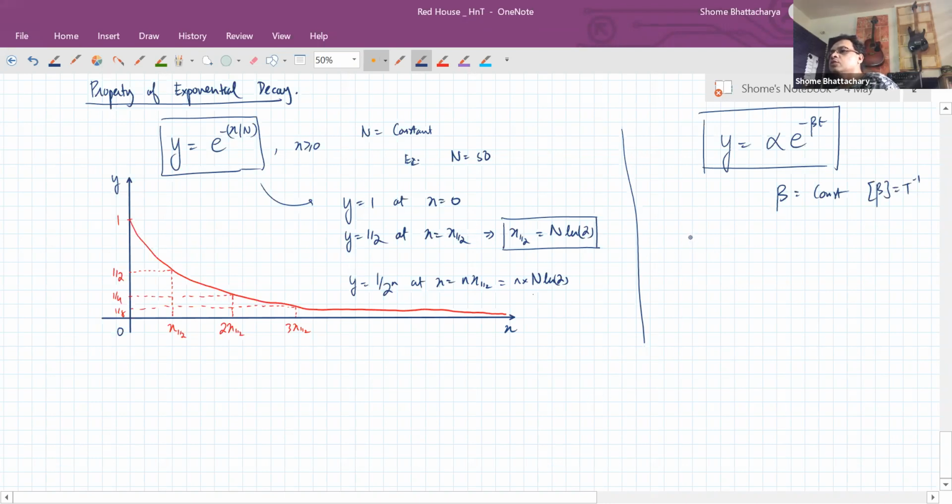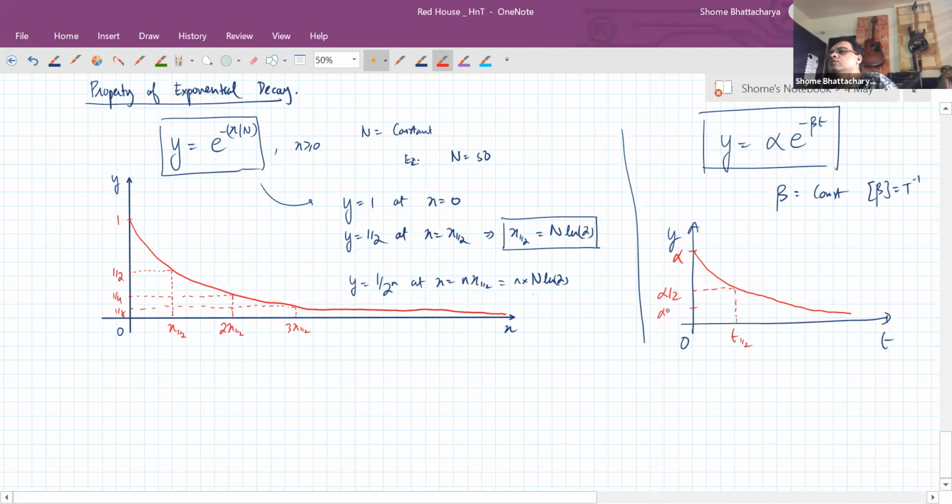Again, when you look at the graph of y versus time in this case, this exponentially decaying graph, it would have the same property. If y started with a value alpha initially, then its value would drop to half of alpha at a time which we can call the half-life.